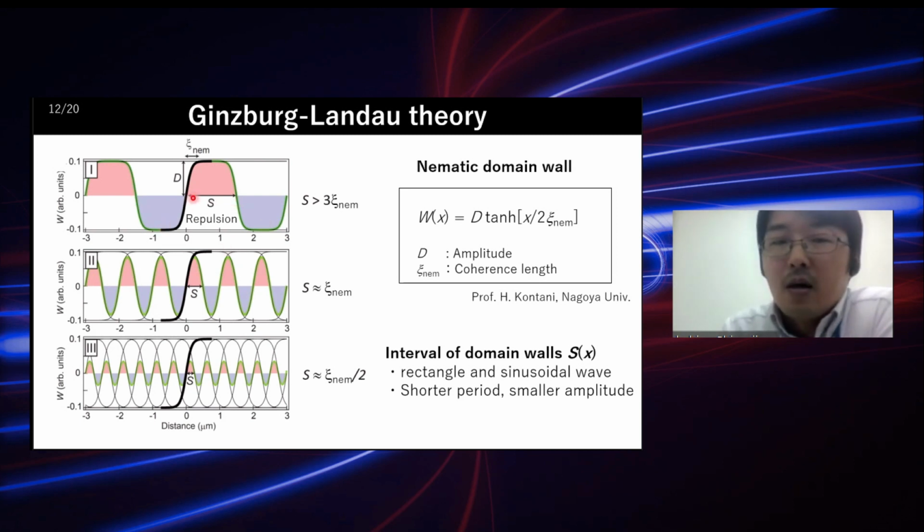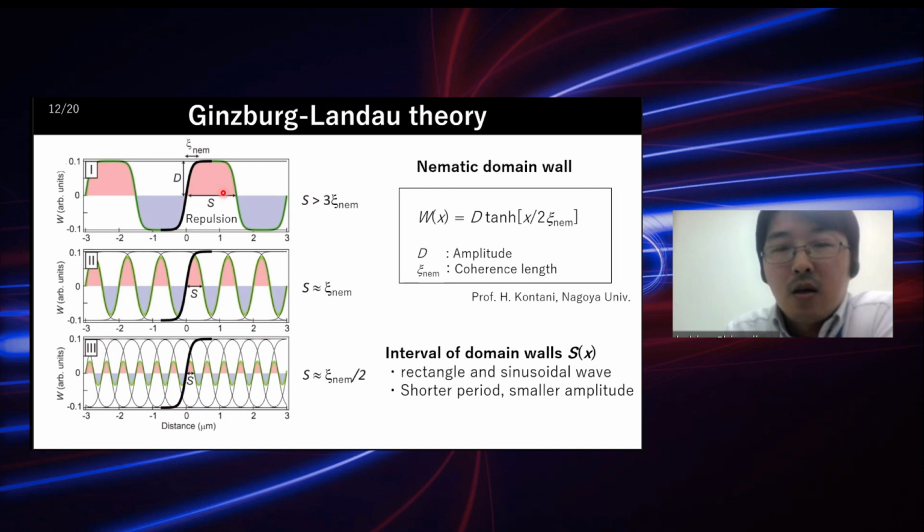This parameter D is the amplitude of the nematic domain walls, and ξ nematic is the coherence length showing the width of the domain walls. And now we can also define the interval of the domain walls S.